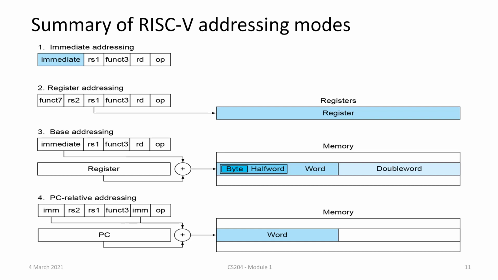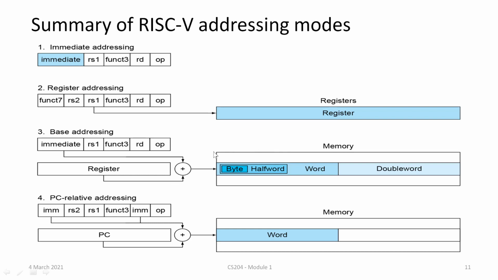Following that, what we have is the base addressing, where the instruction has an immediate value just like the immediate addressing, but what we expect is the value in the immediate field is added to the value in RS1. Whatever the result is, we interpret that as an address to the memory.